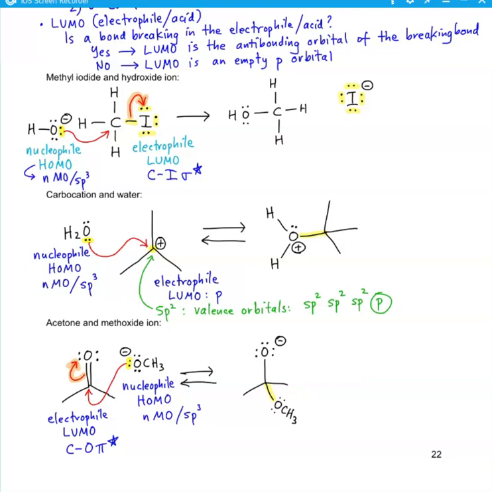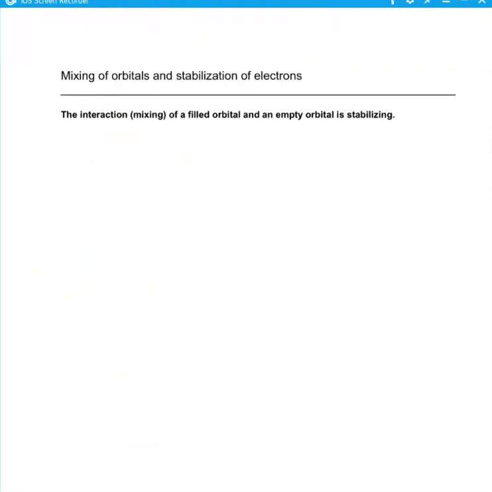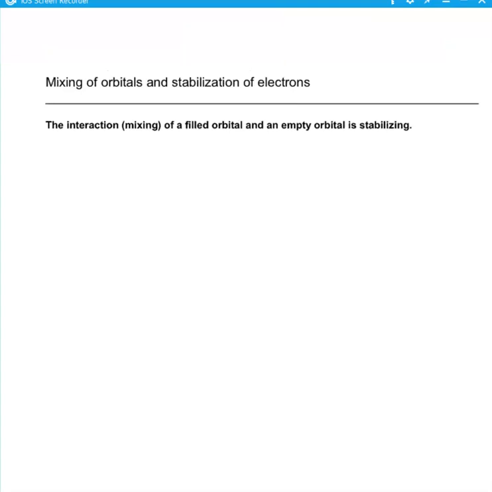We're going to get more practice assessing and identifying frontier orbitals in our next notes packet. But for now, let's wrap this up with a general observation. And that observation is the following, that the interaction or mixing of a filled orbital and an empty orbital is stabilizing.